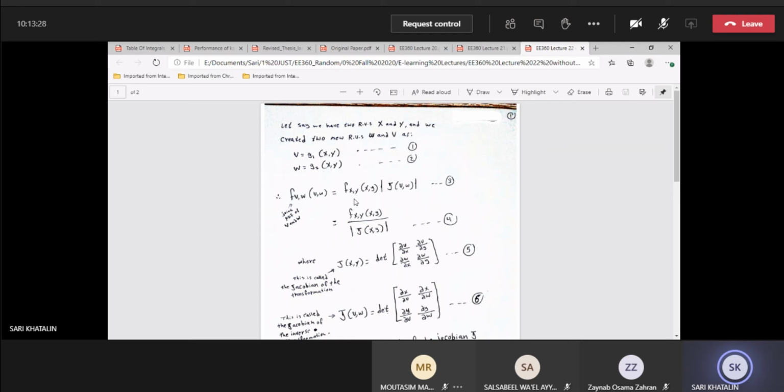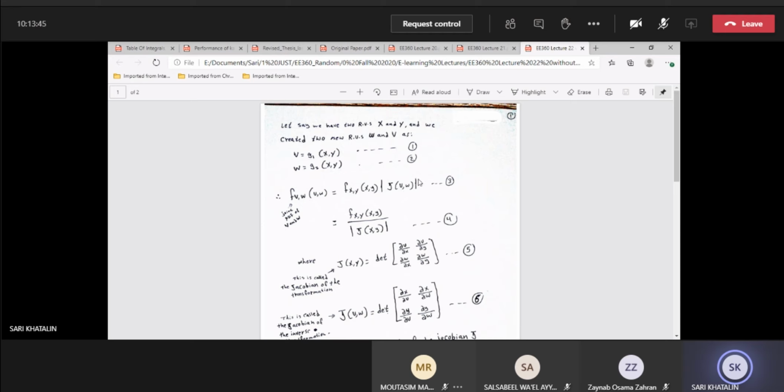The first one, you will find the joint PDF of v and w is equal to the joint PDF of x and y times the Jacobian of the inverse transformation.